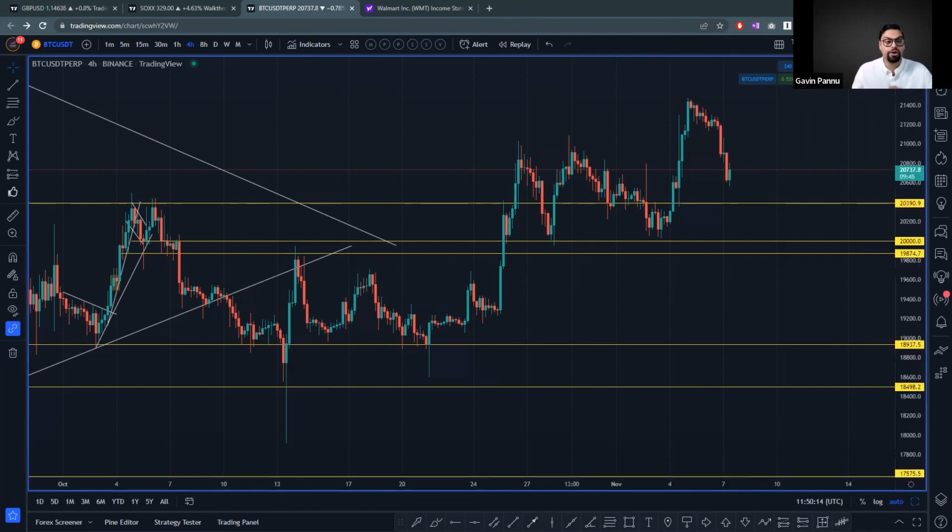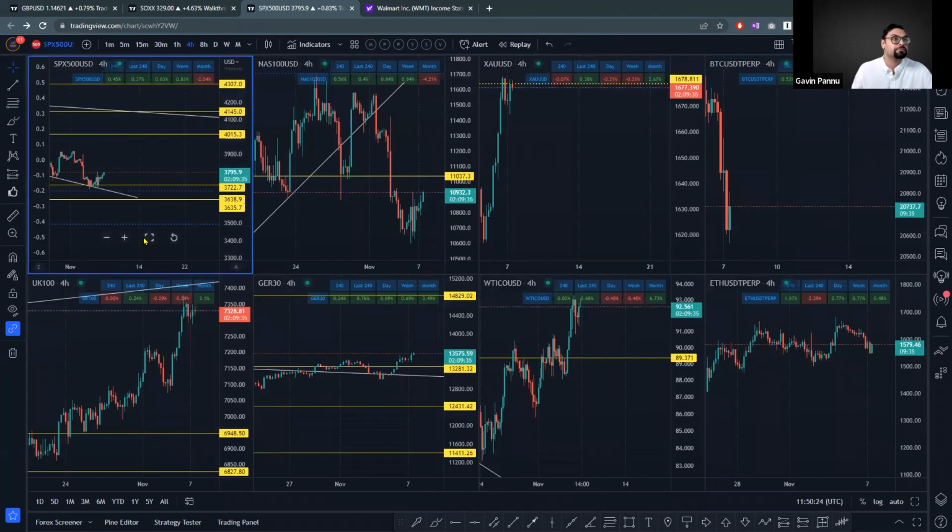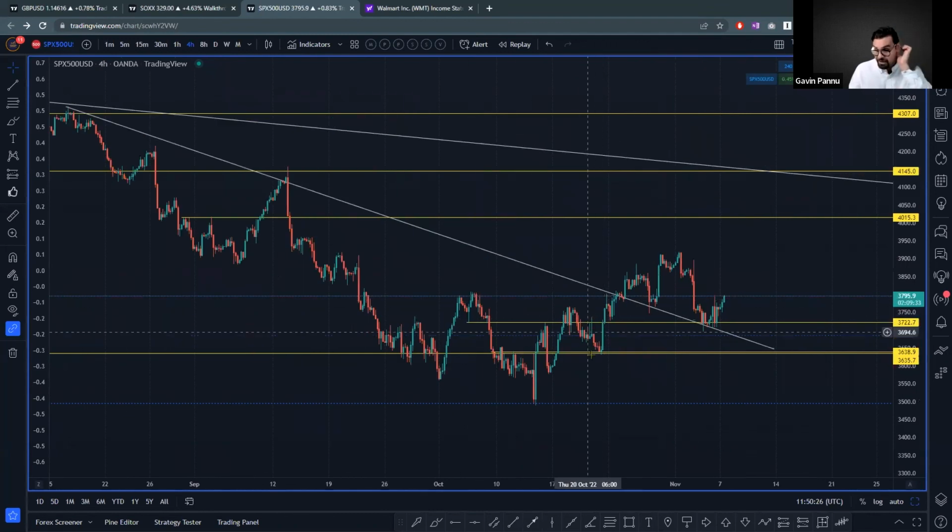Okay, so talking on to the final points of this session, as I mentioned, tomorrow is election day in the US, right? I'll just bring up the S&P 500. So we've got the midterm elections.